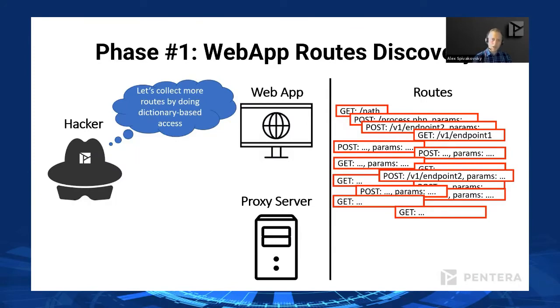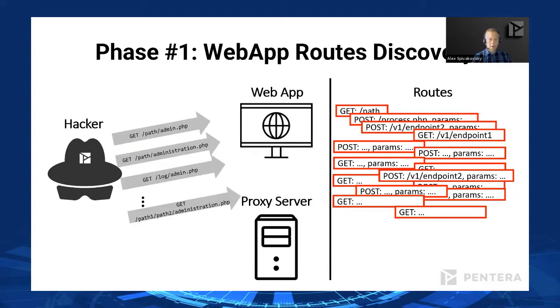Before we reach exhaustion and we have a nice list of web routes, my suggestion also is to collect more routes by doing dictionary-based attacks on the collected routes. For example, if I have a path, I will also append admin.php, administration.aspx, maybe add some more common paths that may exist, because when we crawl pages, not every possible route eventually will appear there.